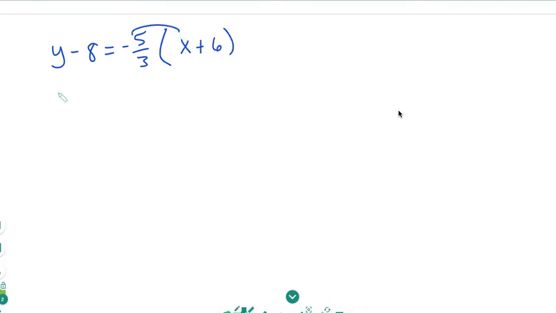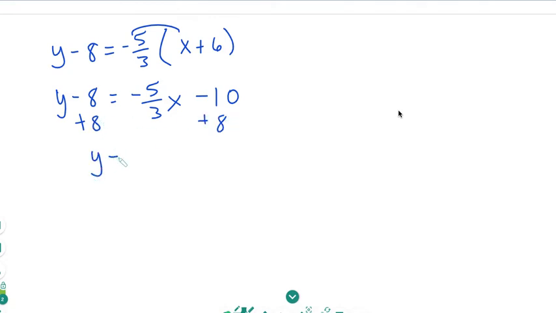I'm going to rainbow, so y minus 8 is going to equal negative 5/3 x minus 10. Zero pair out, and I'm going to have y is equal to negative 5/3 x minus 2.